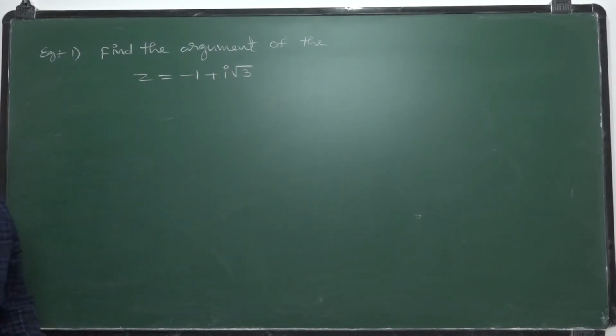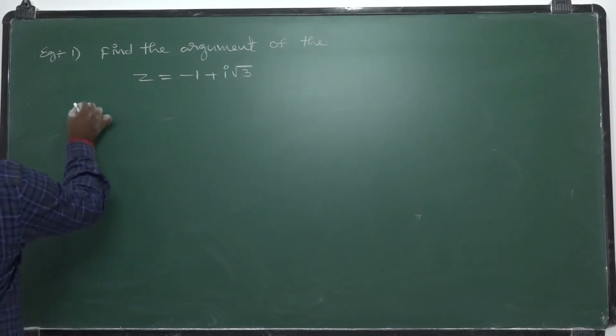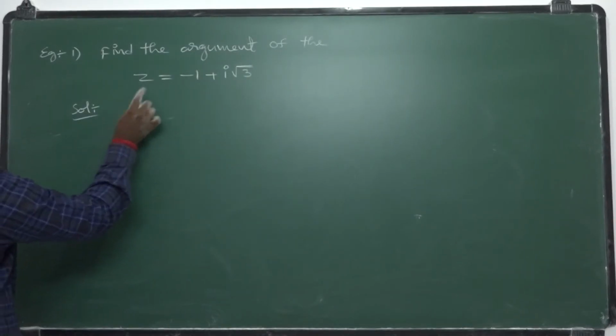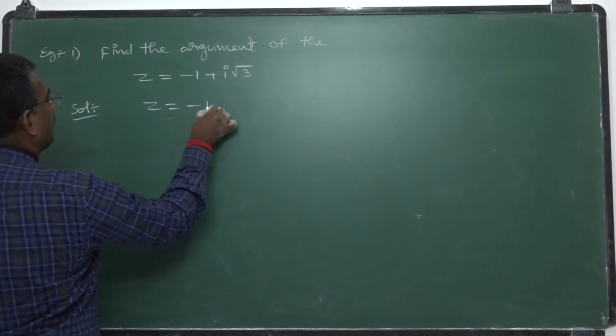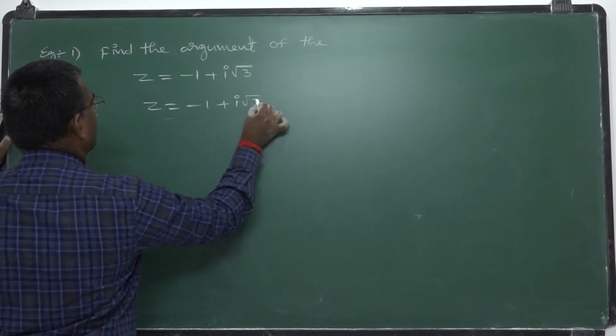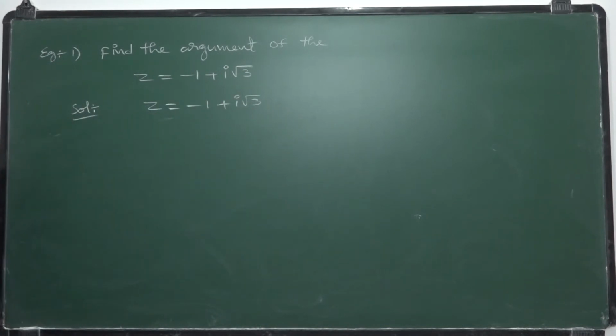Solution. So the given complex number is z equal to minus 1 plus i root 3.